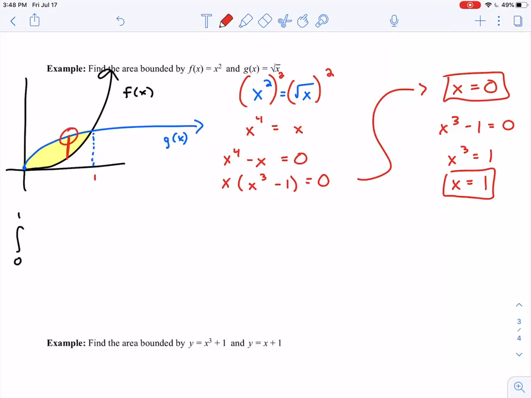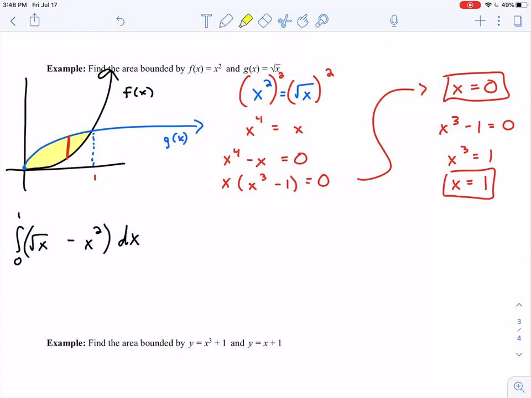Here, my upper function, the ceiling of that region, is the blue function g of x, which is square root of x. So let's write that as square root of x, minus my lower function, the black function f of x, that is x squared dx. So I'm just trying to evaluate this definite integral.